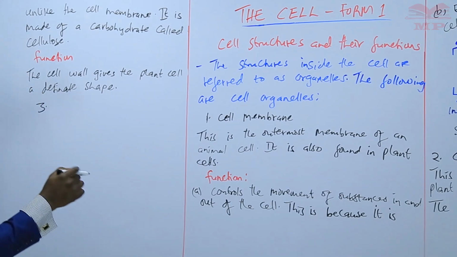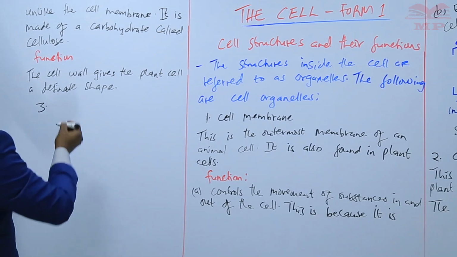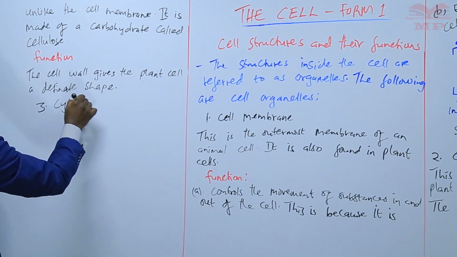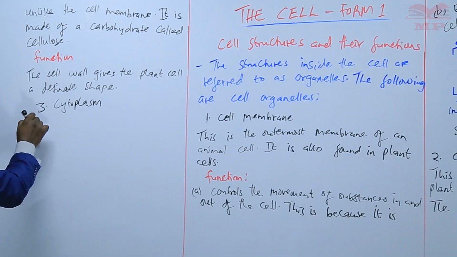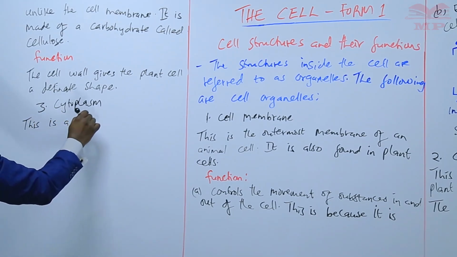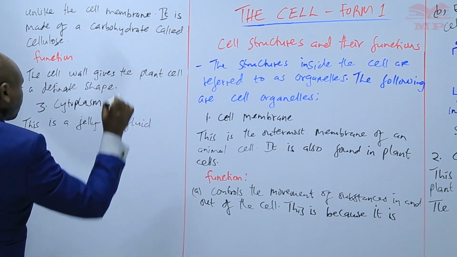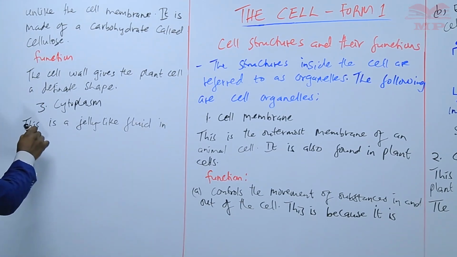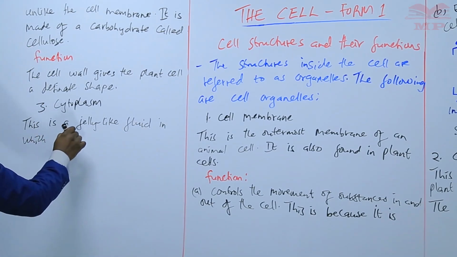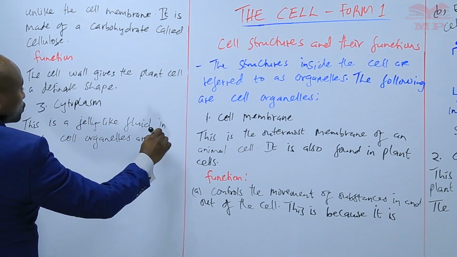Number 3, another important cell structure is the cytoplasm. And we can say that this is a jelly-like fluid in which cell organelles are found.